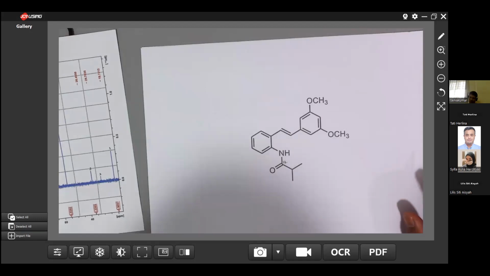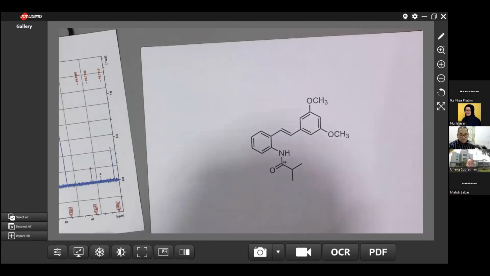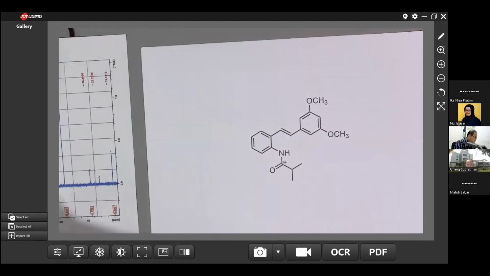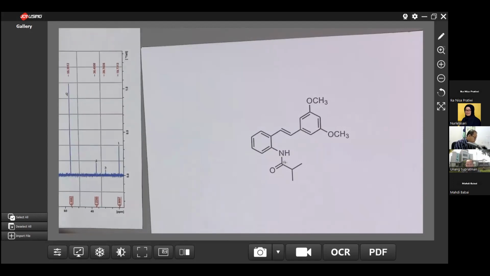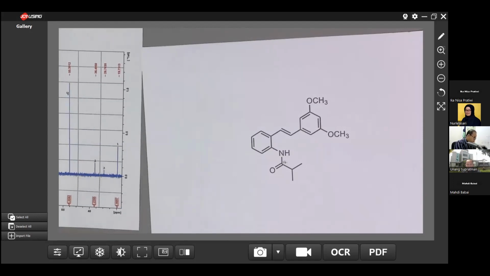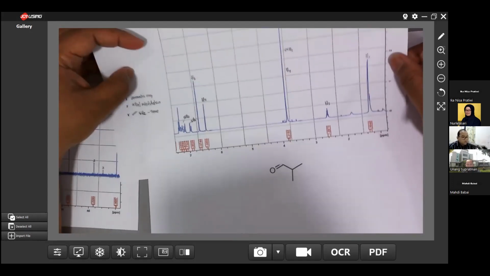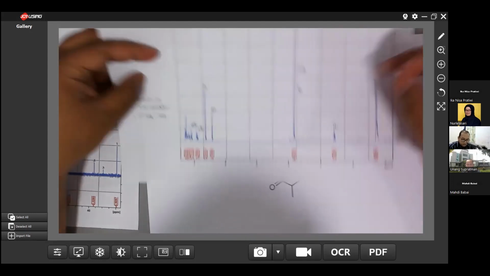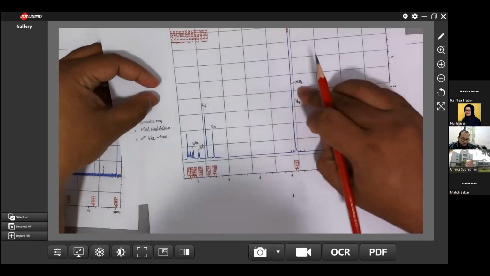You have OCH3. OCH3 is proton number 4, if I'm not mistaken. I have to find the proton. Oh yeah, okay, so this one is OCH3, proton number 4.